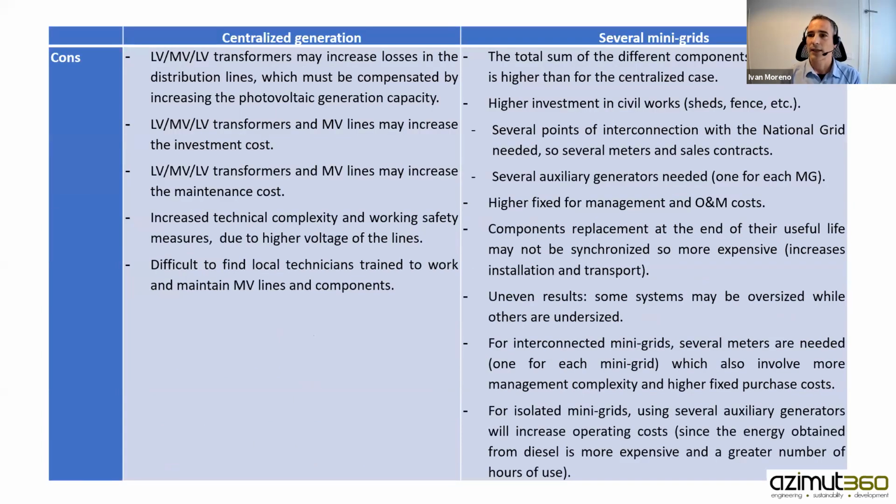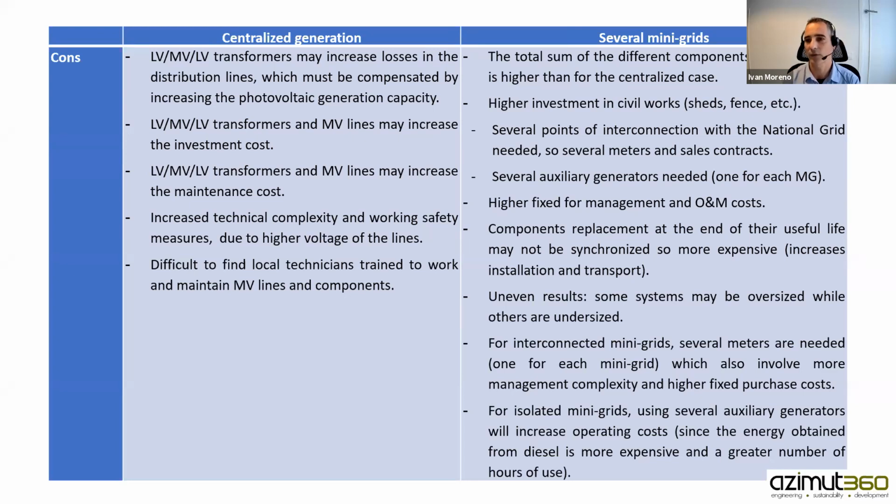Okay, and in the next slide we can see the weaknesses of these two models. In the case of the centralized generation, we have transformers that mainly increase losses in the distribution lines, big transformers, which must be compensated by increasing the photovoltaic generation capacity.